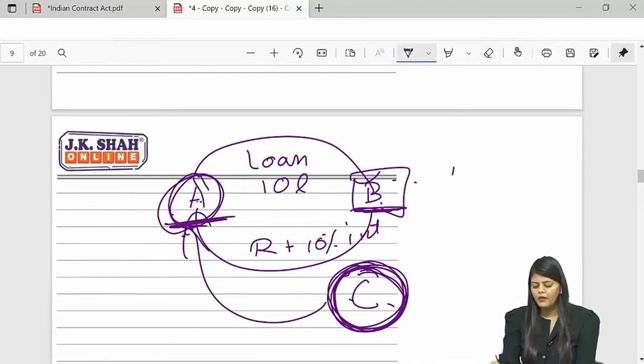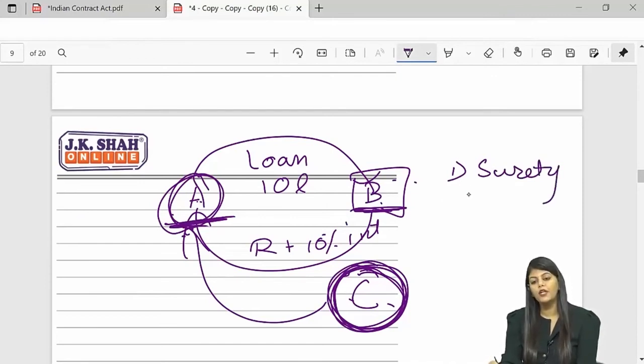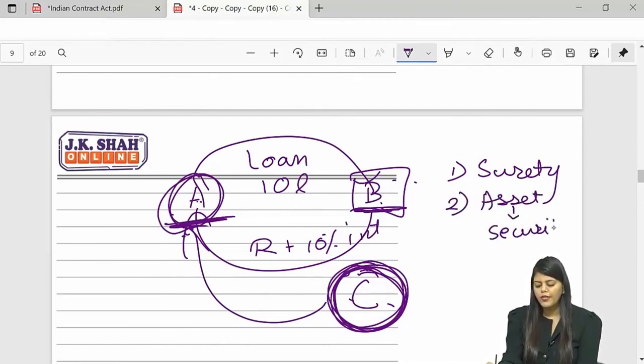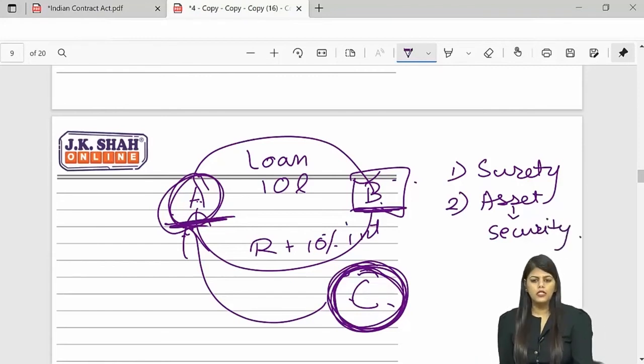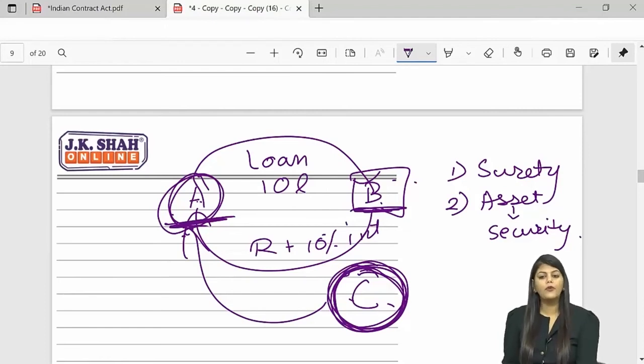So B got C as a surety. Also A tells B, what if your surety does not pay, where will I go? So you give me some asset also as security. Mortgage, pledge and all. So B is also giving some asset as security. So A is having double protection. He is having a surety also and he is getting this security also.